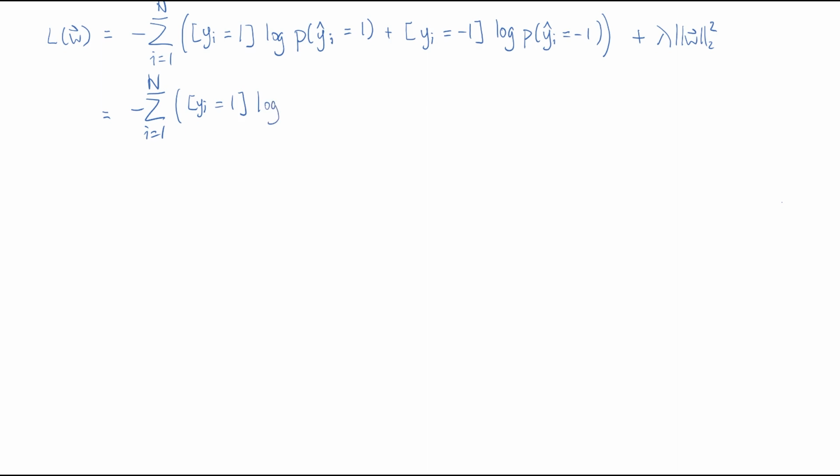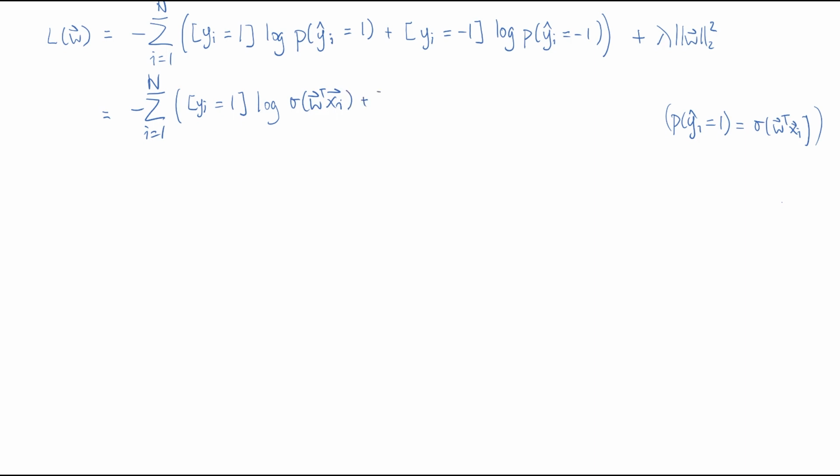So remember that the probability that y hat i equals 1 is actually given by sigma of w transpose xi, right? So remember this. So now we're just going to write sigma of w transpose xi instead of the probability that yi equals 1.